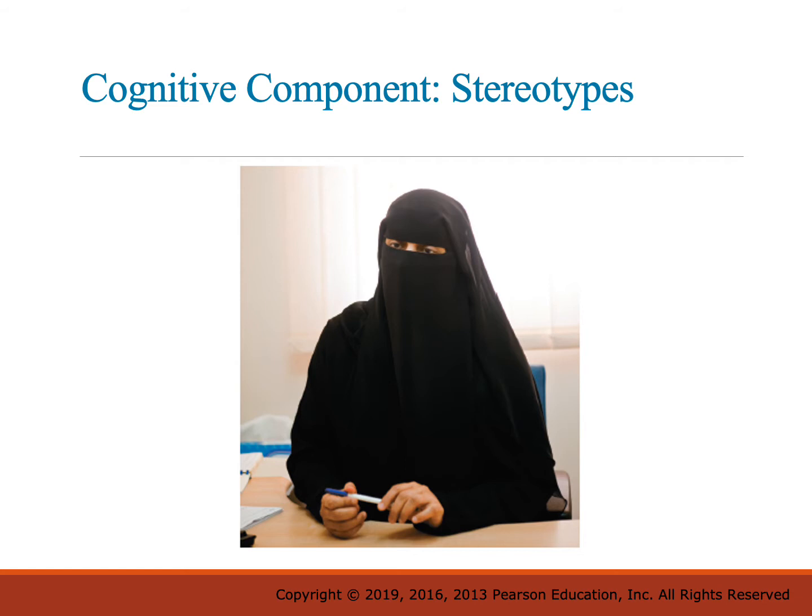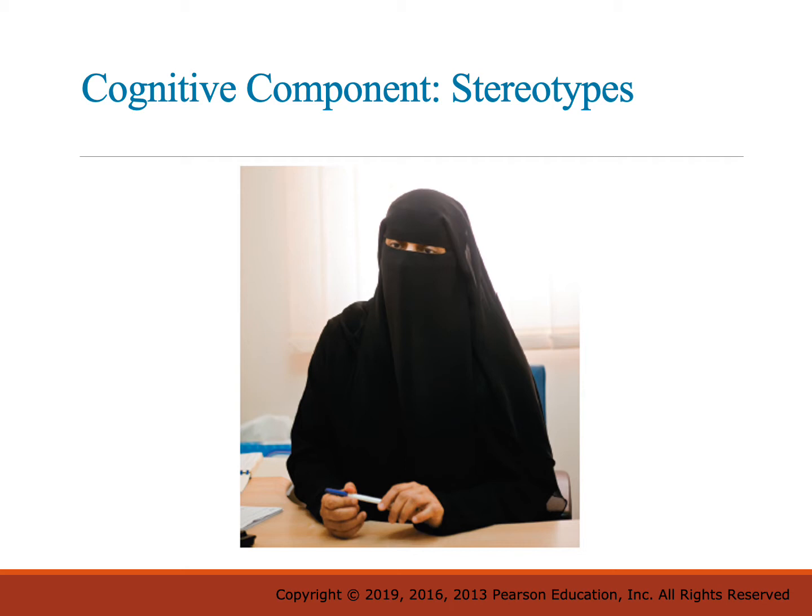How about this picture? What is this woman's occupation? Most Western non-Muslims hold the stereotype that Muslim women who wear the full-length hijab must be repressed, right? They must be repressed sexually as well as politically. But actually, this woman, Widad Lootah, is a Muslim living in Dubai in the United Arab Emirates.